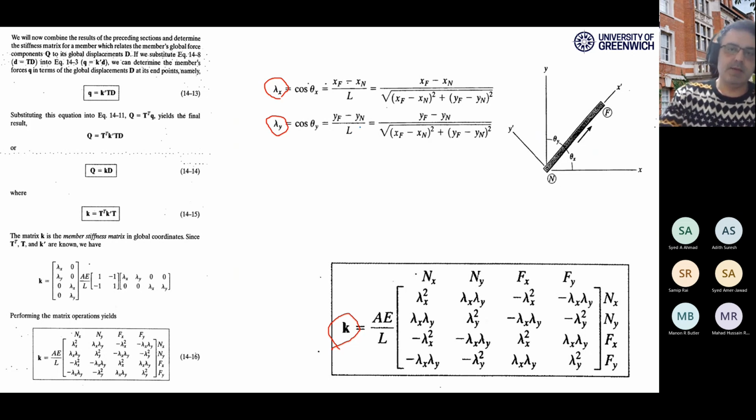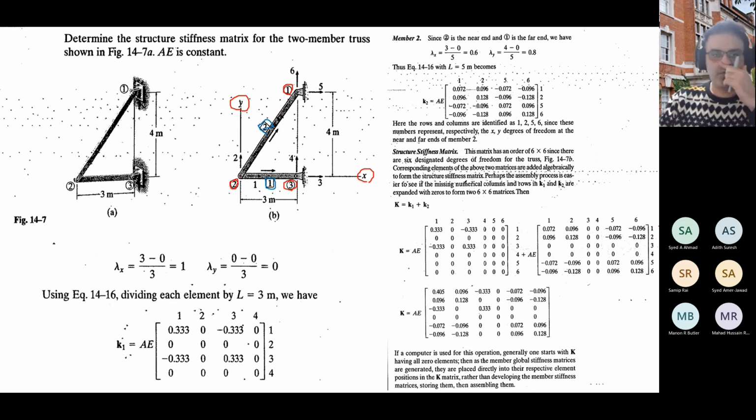So for example, for element number 1, this is the x far end, and this is the x near end, aren't they?